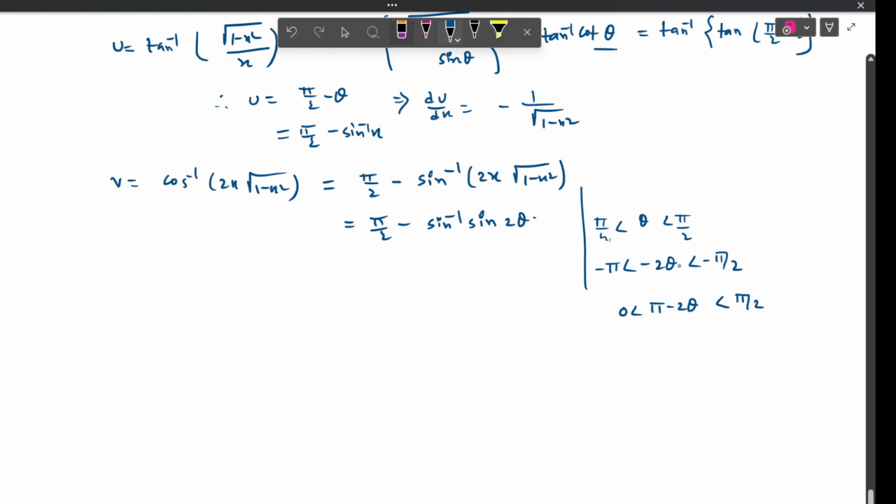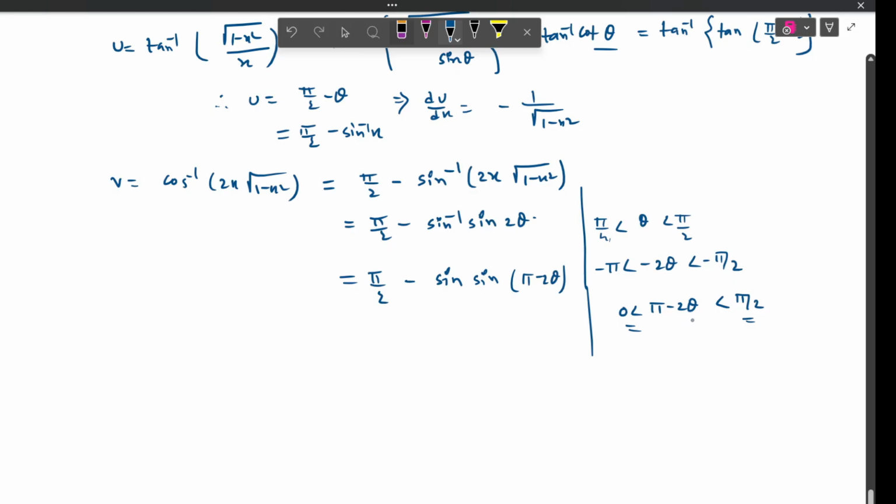Right? Now sin inverse sin of 2 theta, here we can write as pi by 2 minus sin inverse sin of pi minus 2 theta, because we know if it is between minus pi by 2 to pi by 2, then sin inverse sin theta is theta.